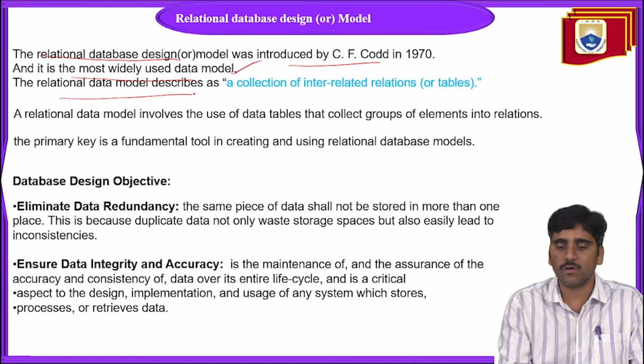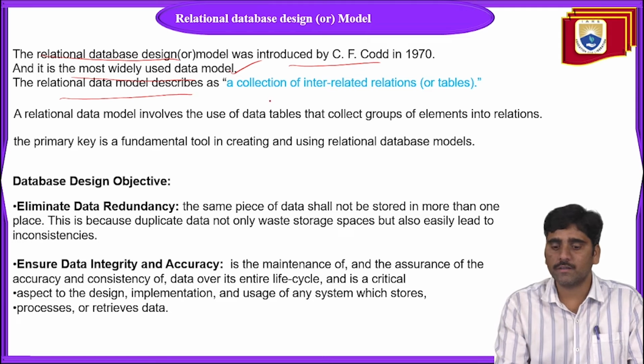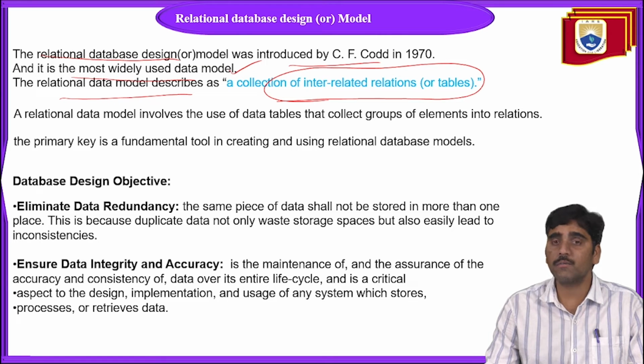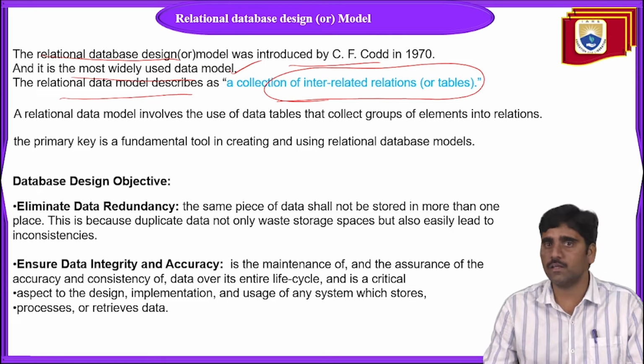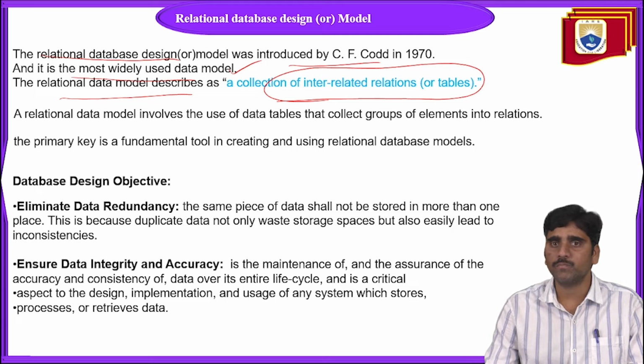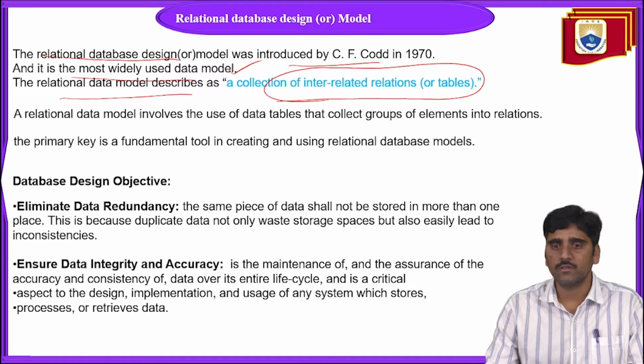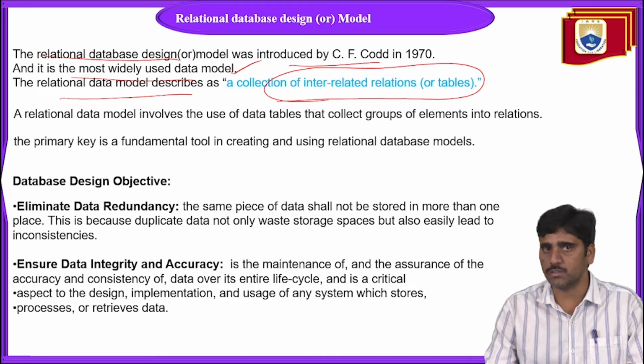The relational database model describes a collection of interrelated relations. That means the tables can have interrelations. All the attributes from one table are indirectly related with the attributes of another table, for example customers and order tables, student and college tables.